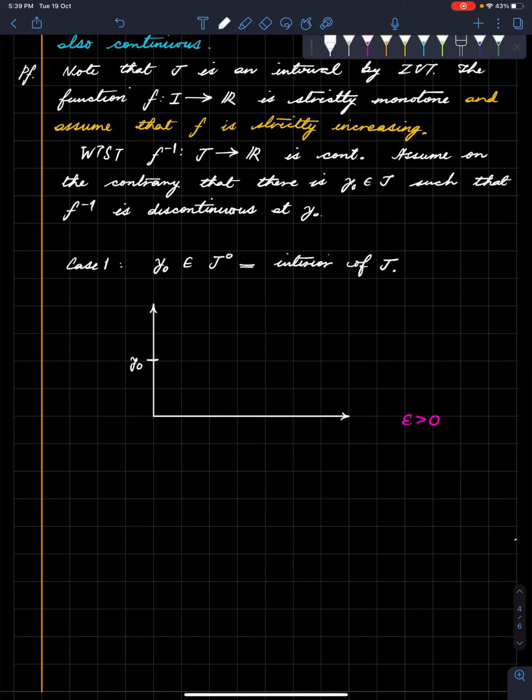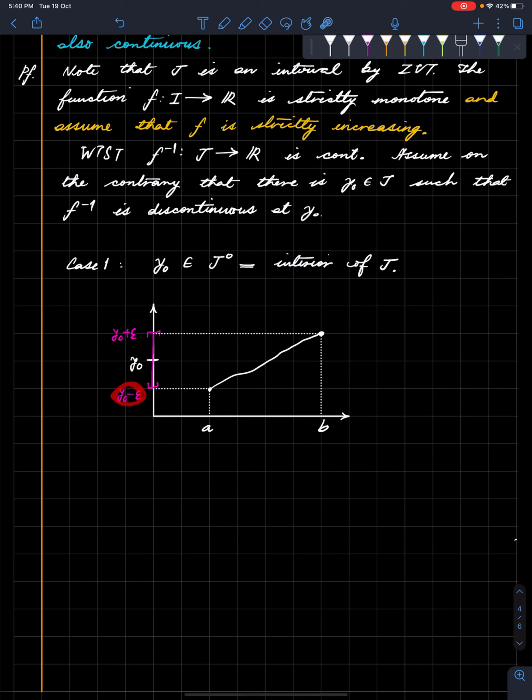So y0 is somewhere here, and there is some epsilon greater than 0 such that this whole pink thing is contained in J. Let us say that the pre-image of y0 minus epsilon is some point, let us call that A, and the other endpoint has a pre-image B. Pre-image under f.